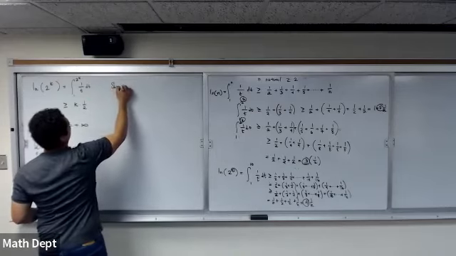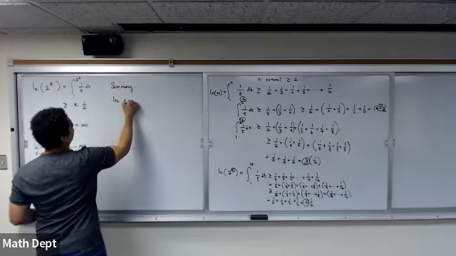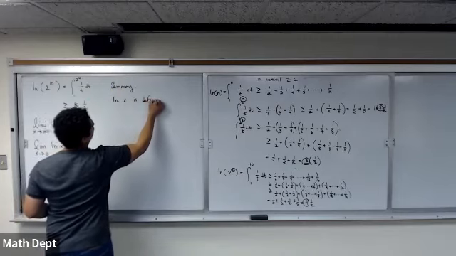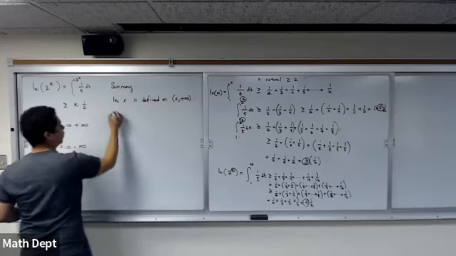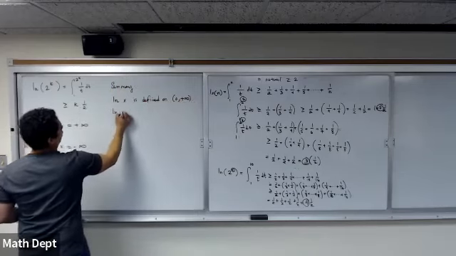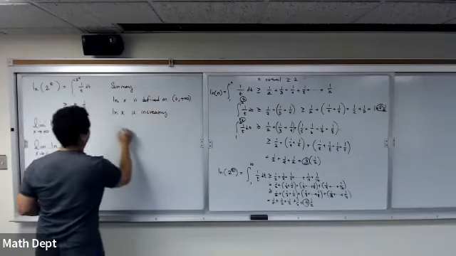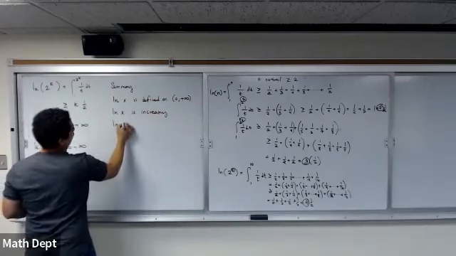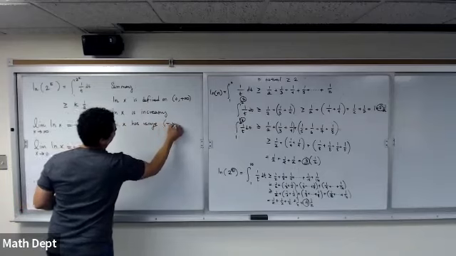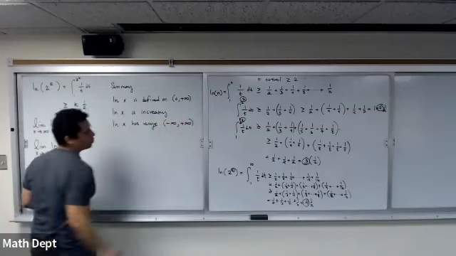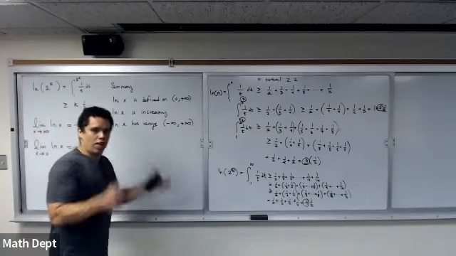Summary: ln is defined on an interval. It's increasing. It has range the whole real numbers. Why the whole real numbers? Because it's a continuous function. It has to touch every single one.